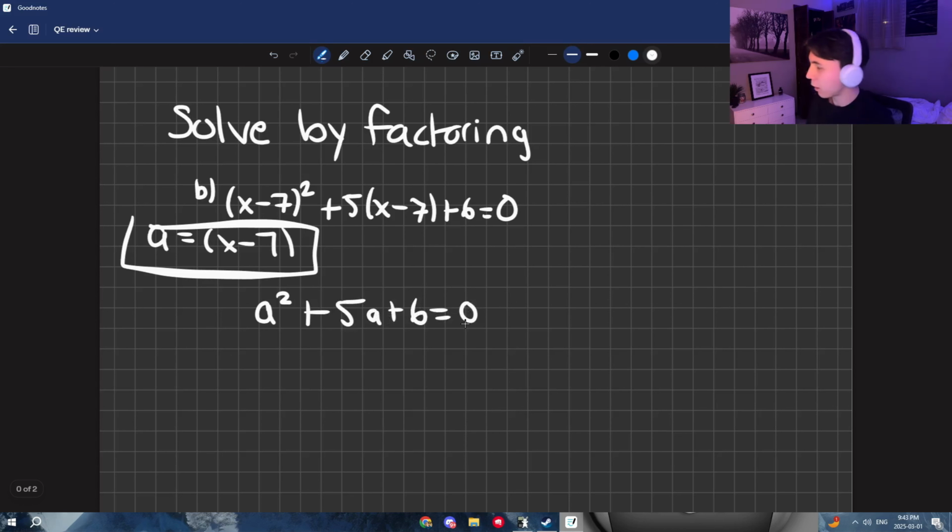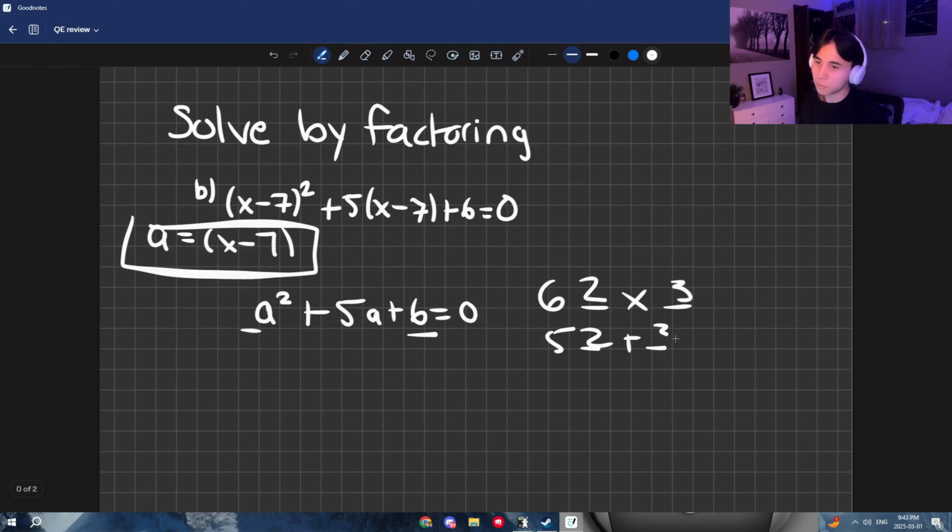Now this is a lot more manageable, right? So we can just factor this normally. We have two numbers that multiply to 6 and add to 5, so 2 times 3, 2 plus 3. So a plus 2 and a plus 3. Factoring by inspection there, of course.